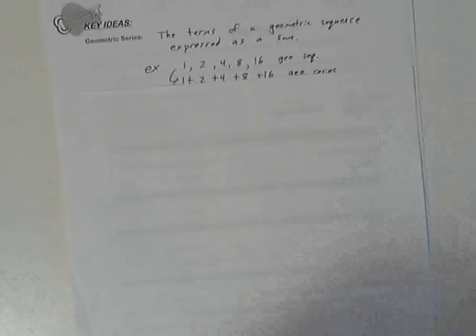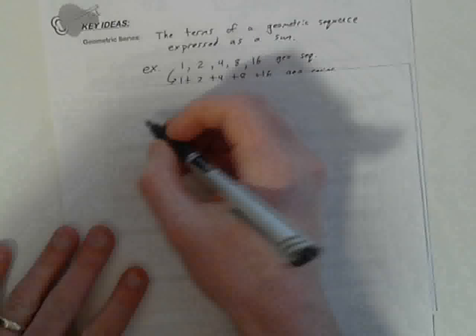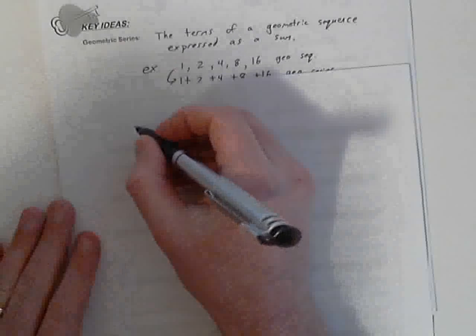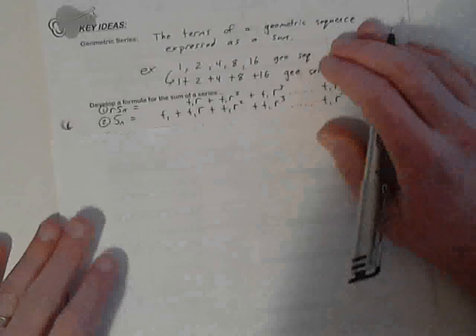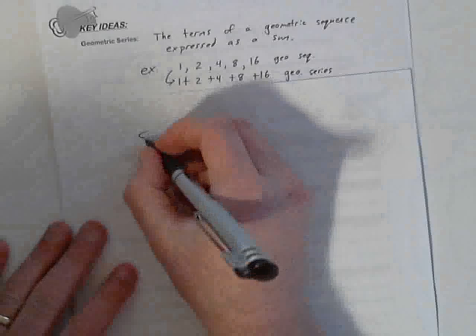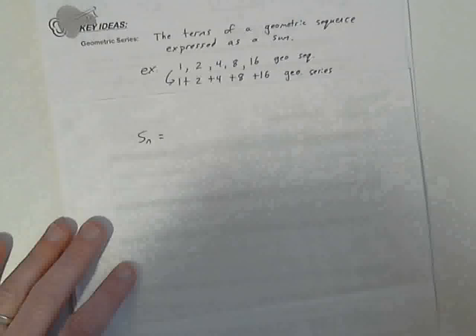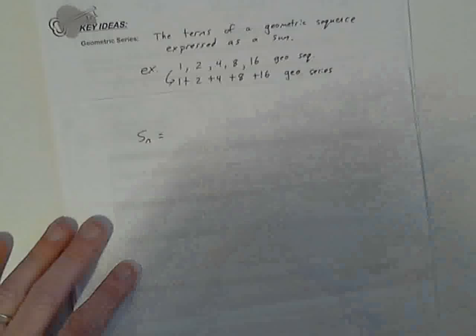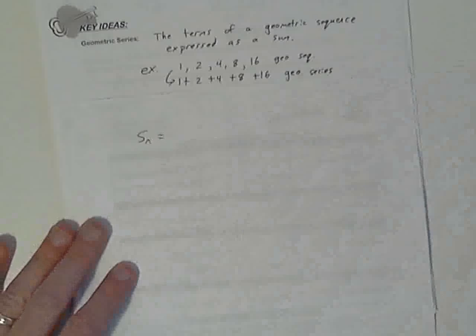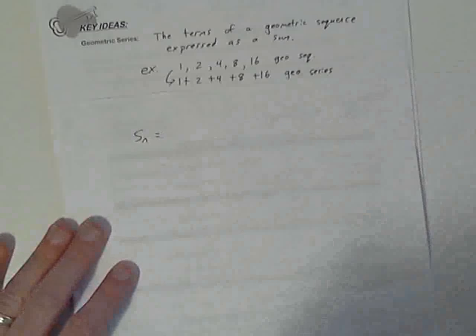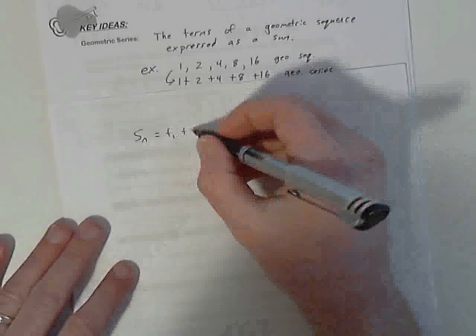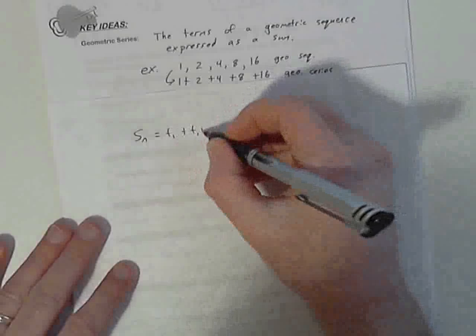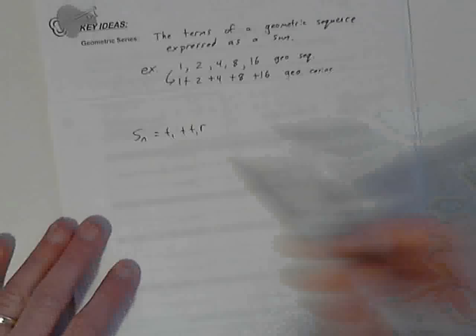So first of all, we're going to write Sn. Which one do we want to do first? So the sum of the terms, we're going to write just the long version of the equation with all in reference to T1 or R. So our first term is T1, and to that we're going to add T1 times R. So you're taking your original term, you're multiplying it by whatever your R value is, that's your second term.